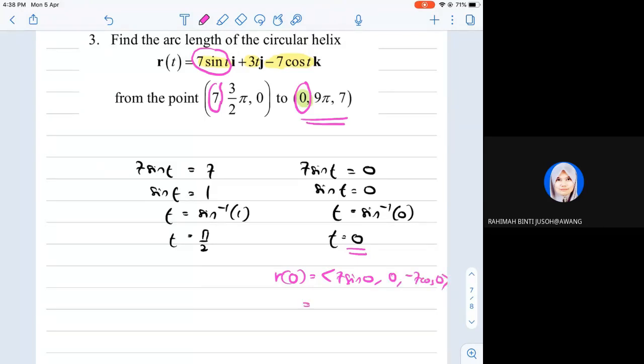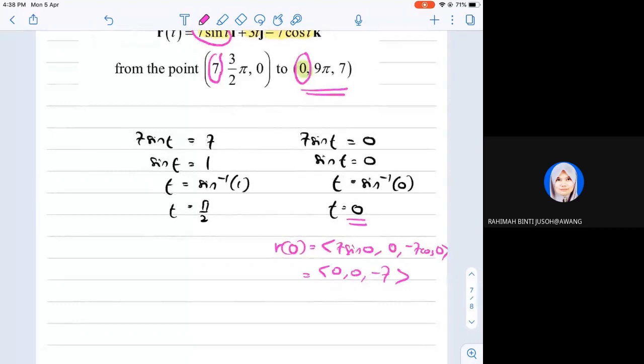Dapat balik tak? You akan dapat 0, 0, negative 7, isn't it? Tak dapat kan? So tak sama dengan 0, 9 pi, 7. Okay, so 0 ni salah.